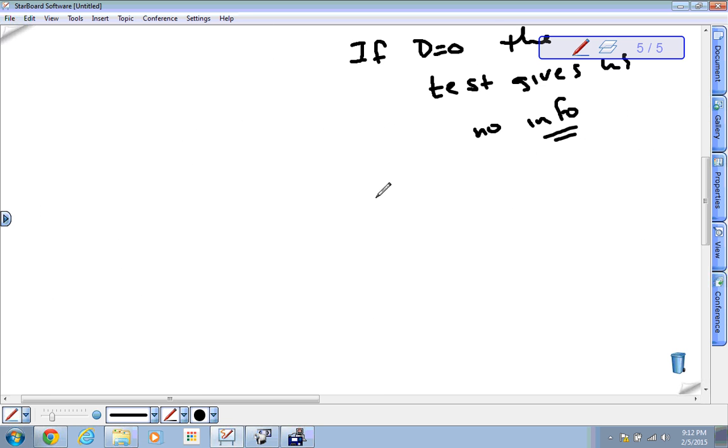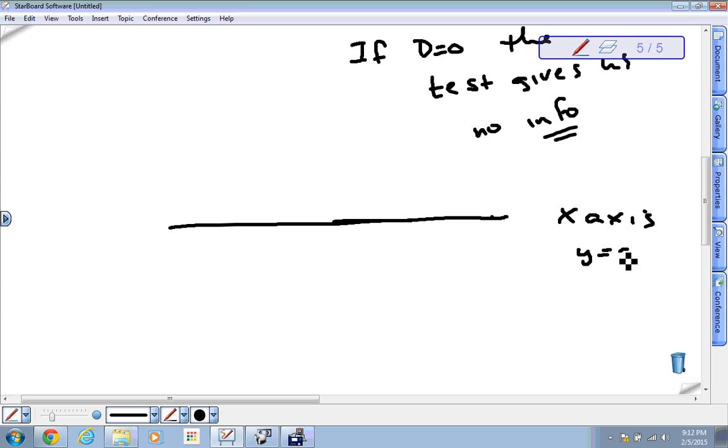So what you're seeing is this. Here's the x-axis, aka y equals 0. And here is the point 0, 0.